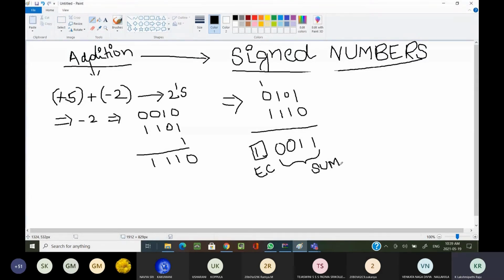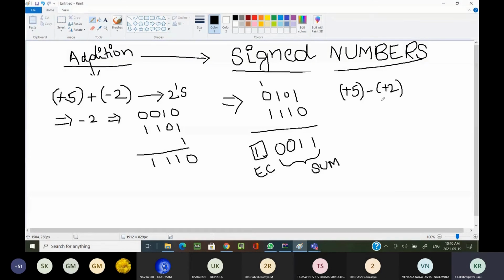Now here we have to understand some points. Can I write this expression in this format, plus 5 minus of plus 2? Yes, sir.